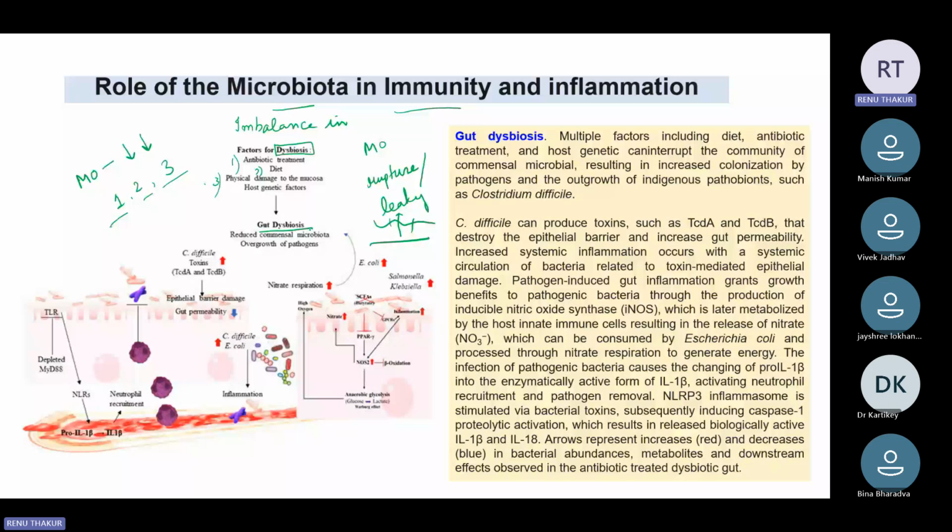So gut dysbiosis in short is reduced commensal microbiota and overgrowth of pathogens. Simply, it is the reduction in the population of the good bacteria and an increase in the population of the bad bacteria. Bad bacteria are also known as pathogens. Pathogens are what?